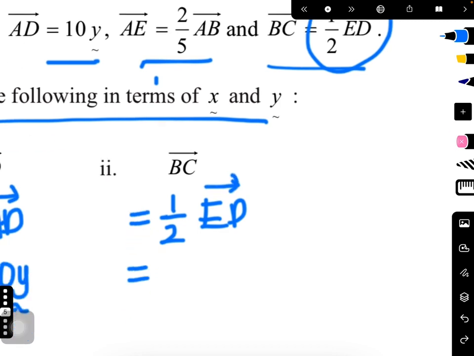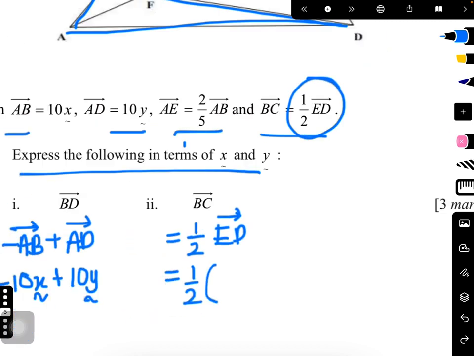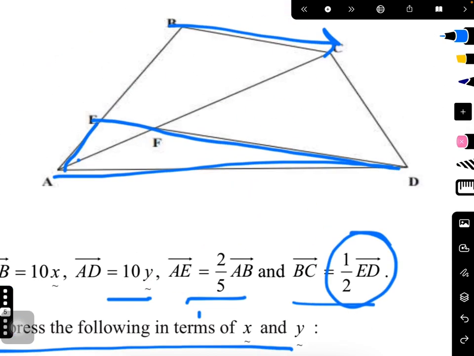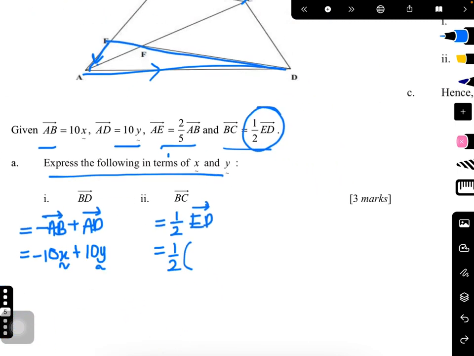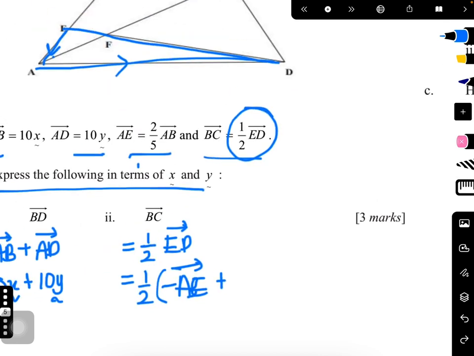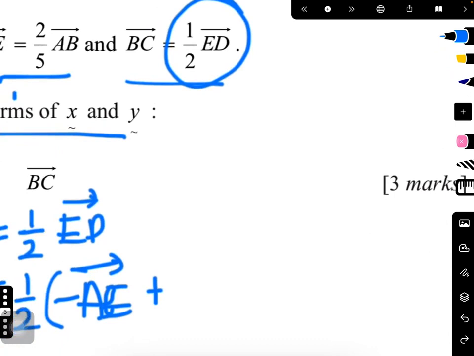And what is ED? ED is AE, but we don't need to use AE because we need to go from E to D. So EA, AD. So negative AE because it is in the opposite direction, plus AD. AD is 10y, but we need to use the vector first.